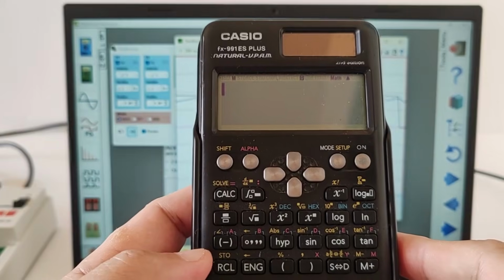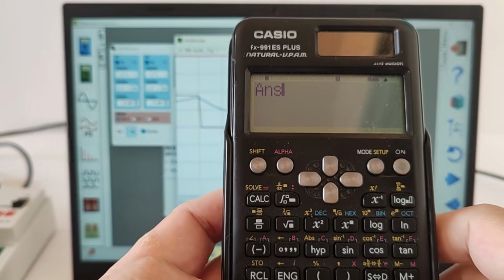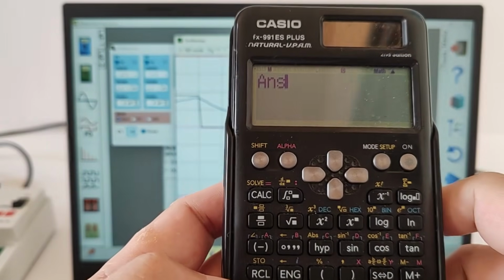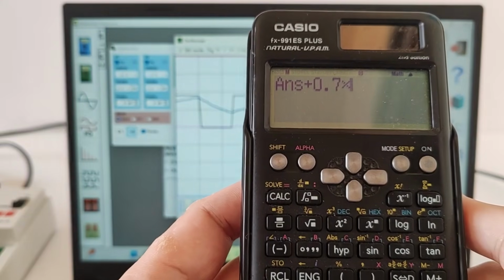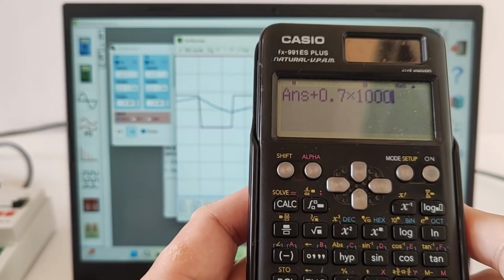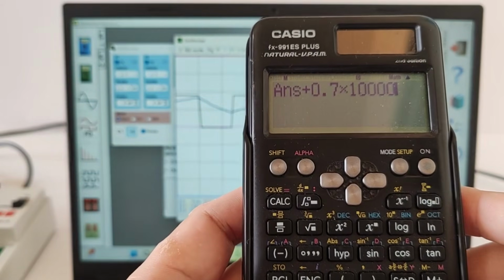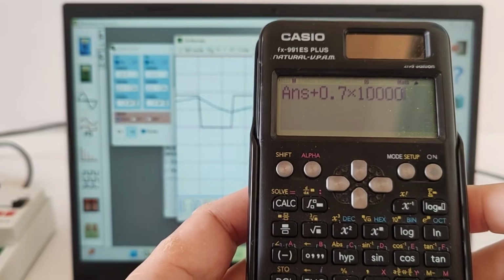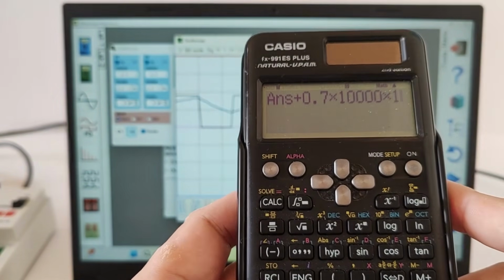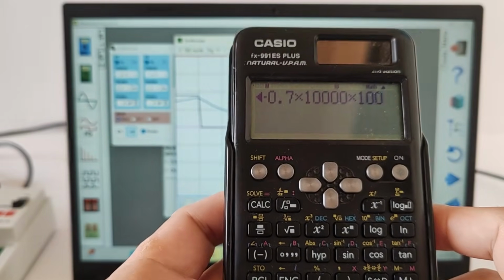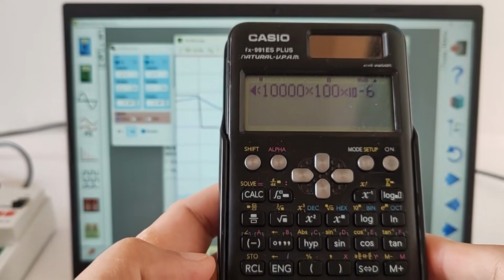To compute T on, I need the value of T off, the previous answer, plus 0.7 times the value of the resistor, 10,000, multiplied by the value of the capacitor, which is 100 microfarad, 10 to the minus 6.